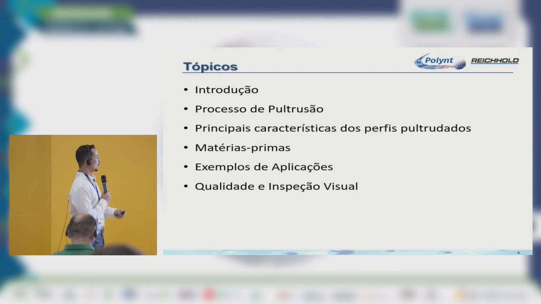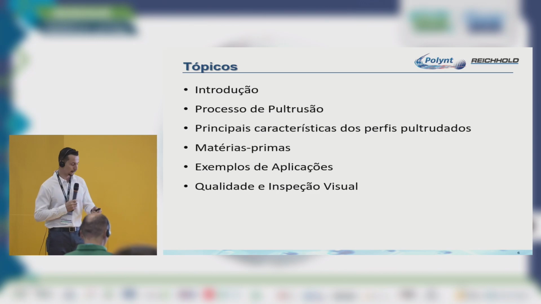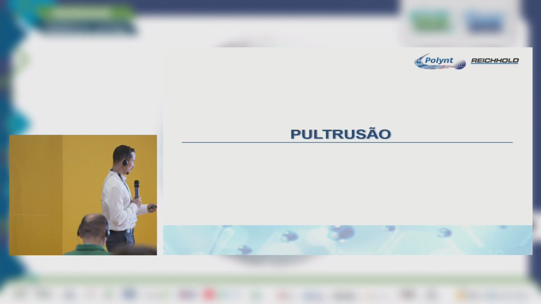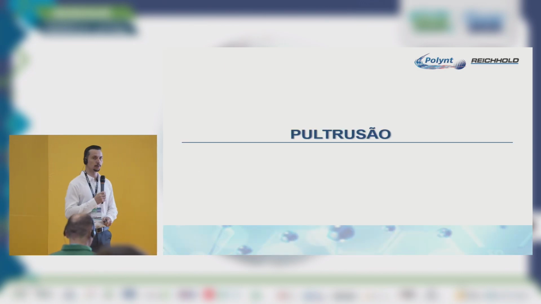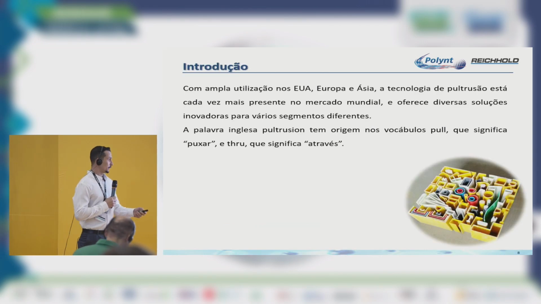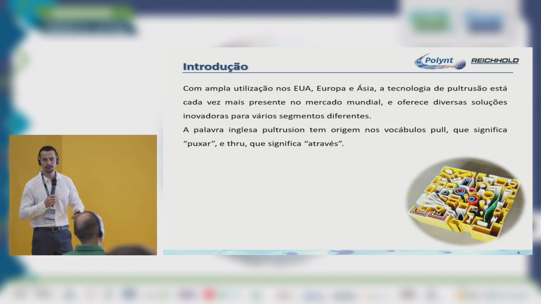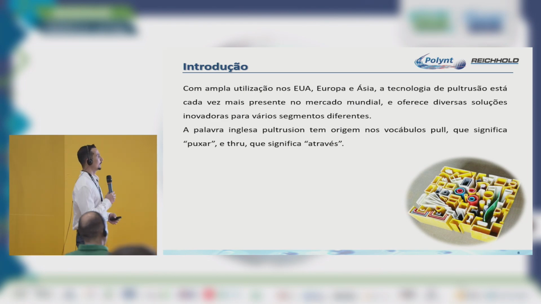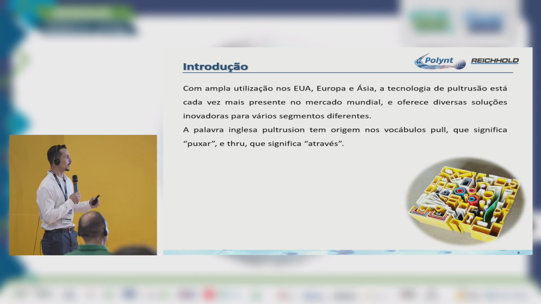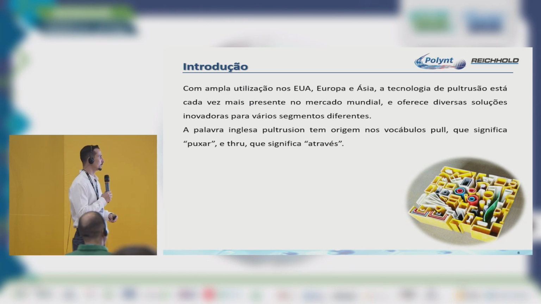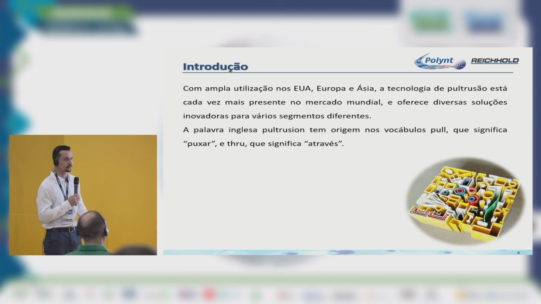Examples of applications and visual inspection and quality of pultruded profiles. Talking about pultrusion, the introduction: it's highly used in the US, Europe, and Asia. Pultrusion technology is more and more present worldwide, and it offers innovative solutions for different segments.